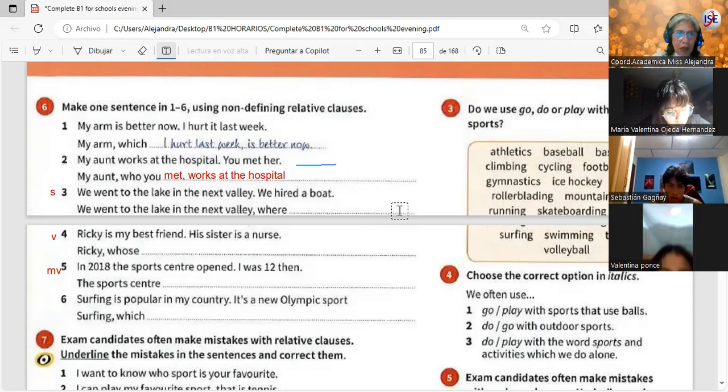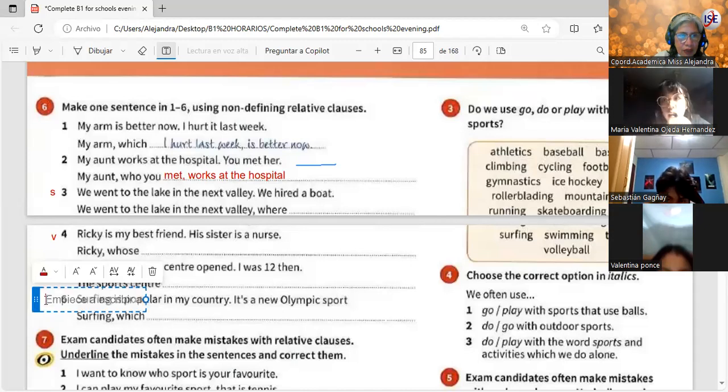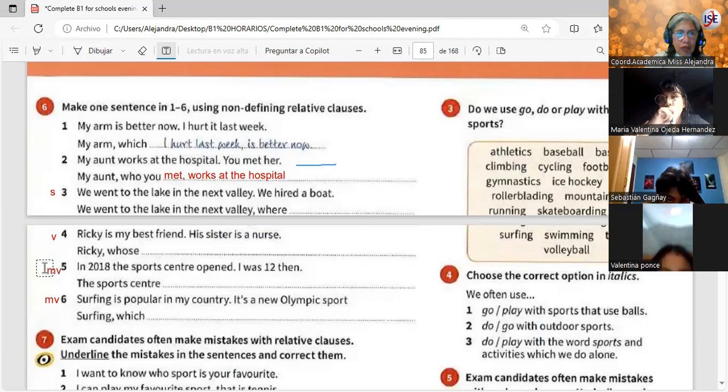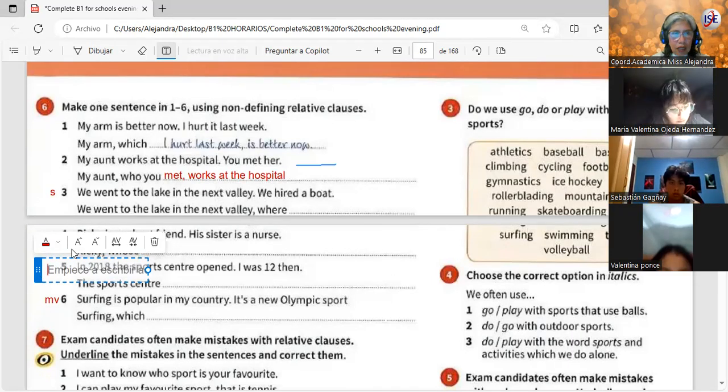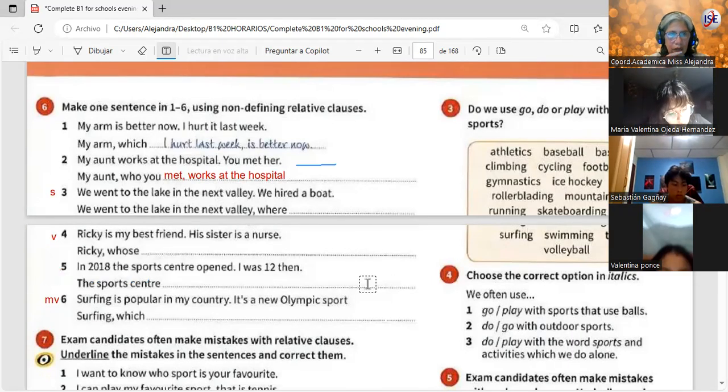Oh no, Maria Valentina, do this better, because here you have to use a structure that you haven't gotten yet. Here the sports center was opened in 2018 when I was 12. So you have to use the passive voice.